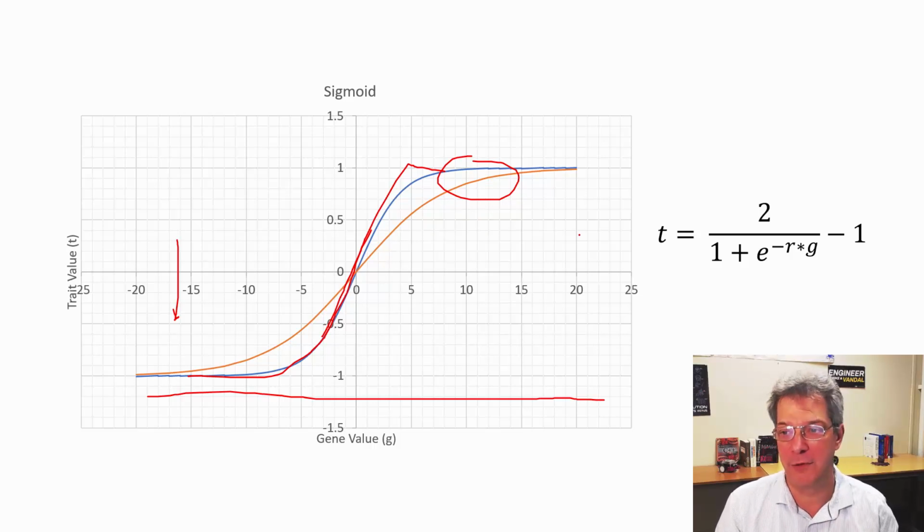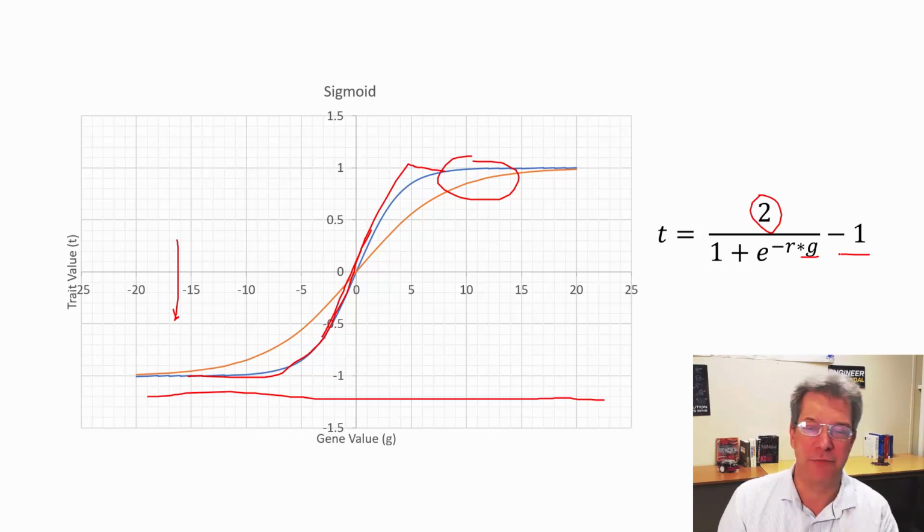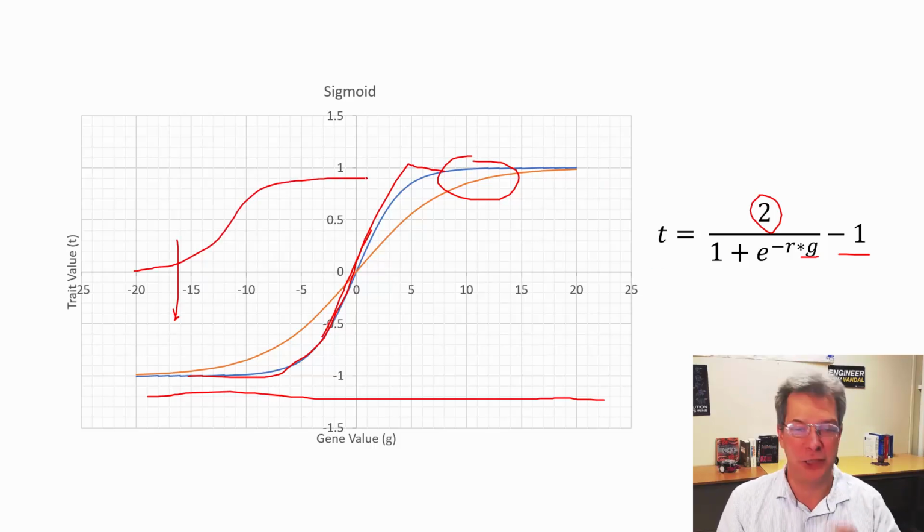The formula for the sigmoid is this. The gene value G is here, and the actual formula is 2 divided by 1 plus e to the -r times that gene value, minus 1. And the 2 and the -1 are actually rescaling factors. So if you leave those out, you get a sigmoid that just goes from 0 to 1, which is not what I want.